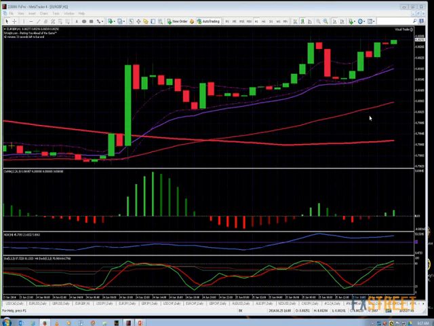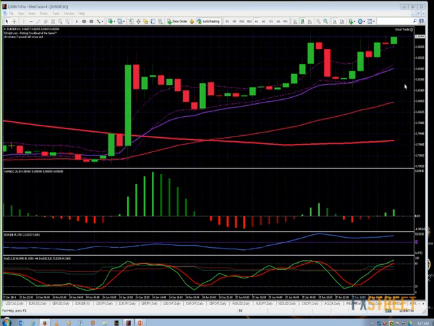So if you ever need to trail your stop, we never widen our stop. Professional traders don't. Stops only move in one direction, and that's in the direction of your trade to protect your profits. Or if you need to adjust your target, all you do is click on the line and drag it. You don't have to mess with math or filling in numbers on an order window. Hence the name, Visual Trader.